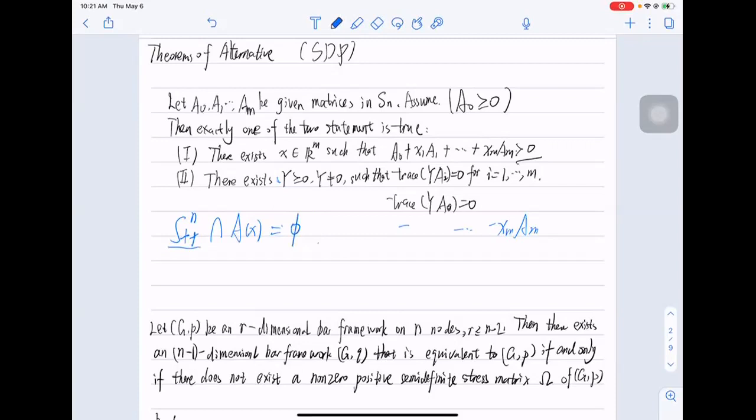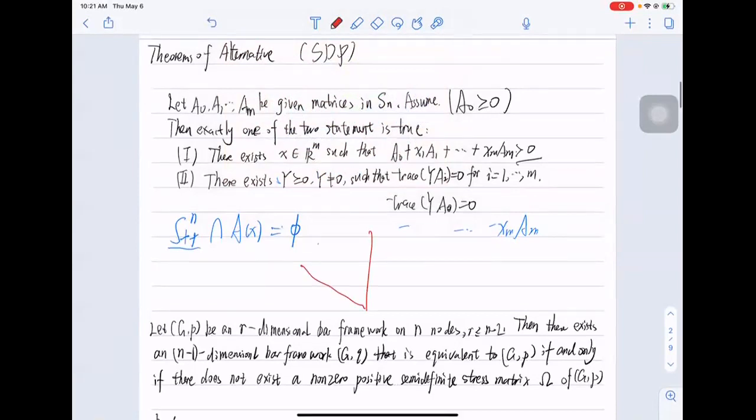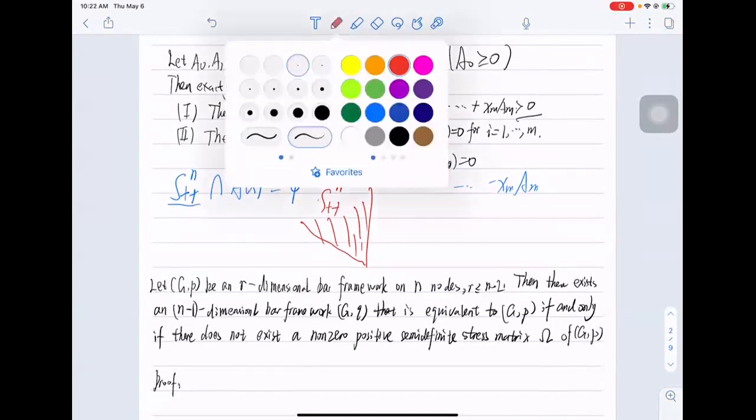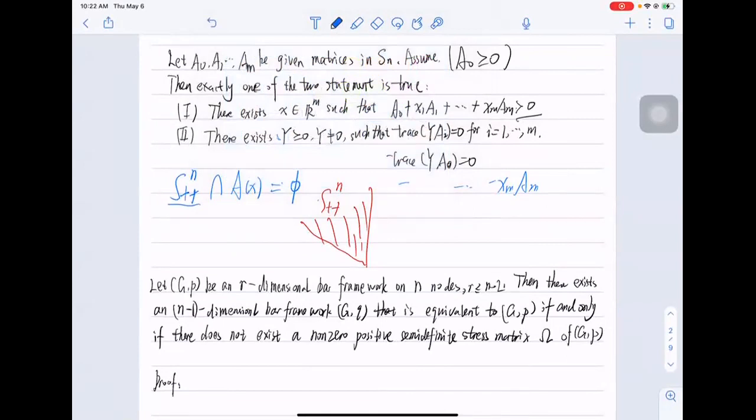So let's draw a picture. Here is the set of strictly positive definite matrices, and this is the affine space A(x).